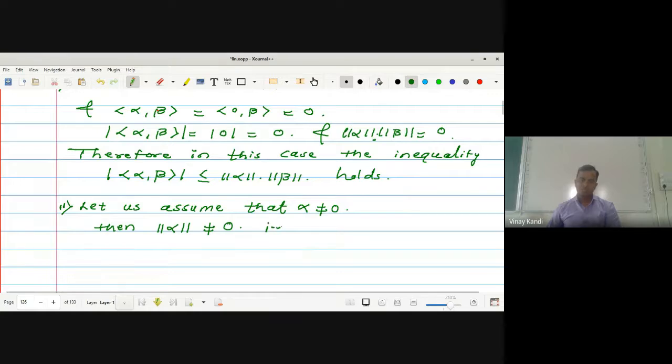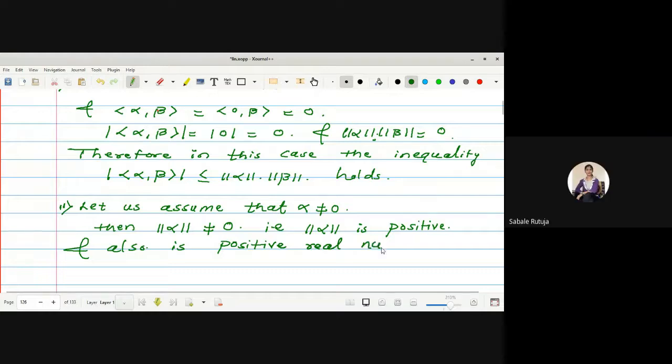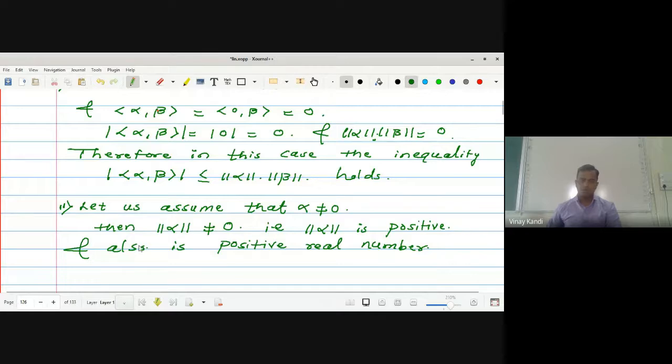That is, the norm of alpha is positive, the length of that vector is positive, a positive real number. Is it correct? Yes, sir. And 1 upon the norm of alpha is again a positive real number. If the norm of alpha is positive, then 1 upon norm of alpha is again a positive real number.